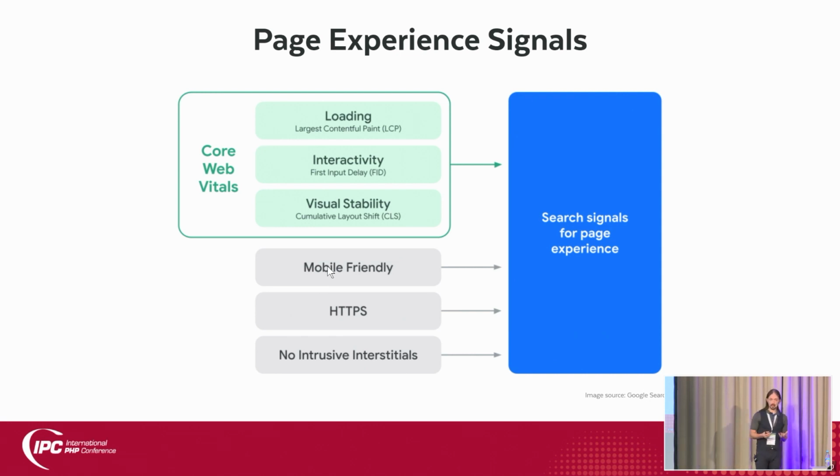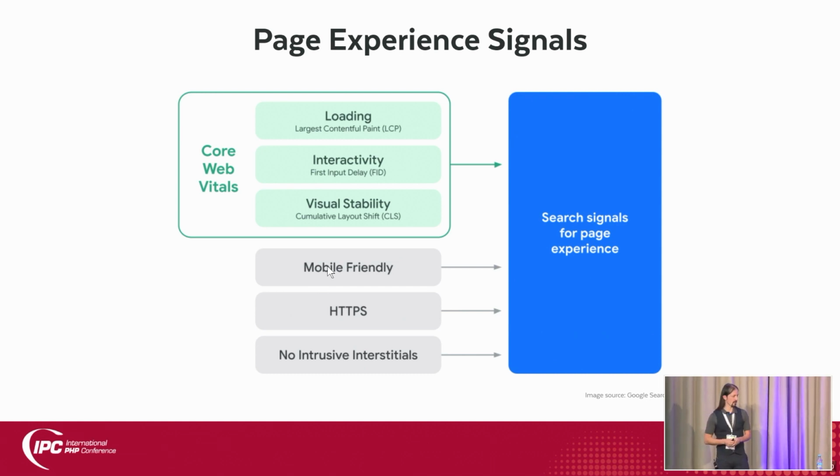So these are the core web vitals. And then the site should be mobile friendly. It should be sent over a secure protocol, and there shouldn't be any intrusive interstitials, meaning that all of a sudden a pop-up jumps in front of you or you're redirected to another page, things like that.